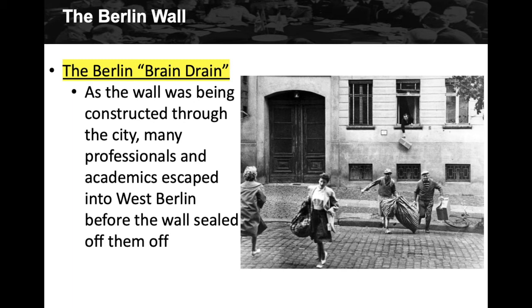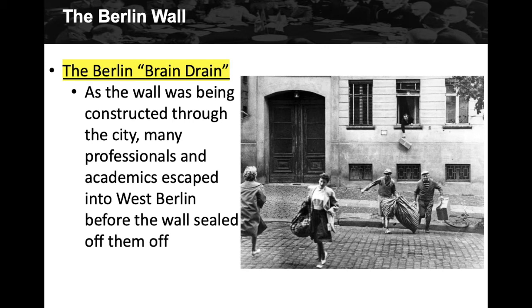And what that was, while the wall was being constructed in 1961, people aren't stupid, and especially those of academia and professional business people, they know that if they can get into West Berlin, they would have the opportunity then to get out of Germany totally. They could fly out of West Berlin and go to another country, go to the United States.